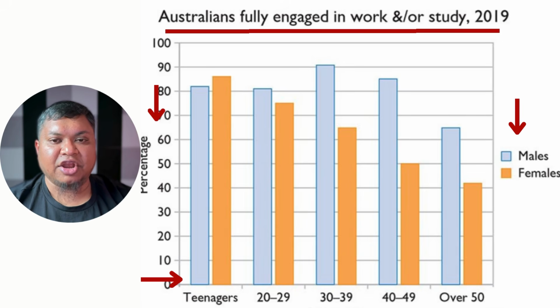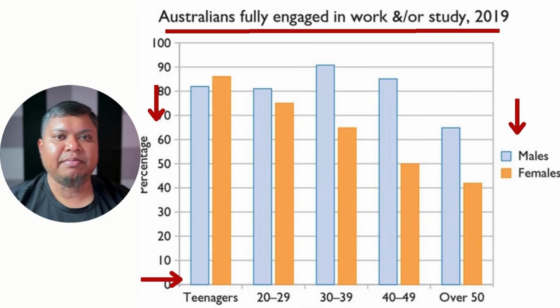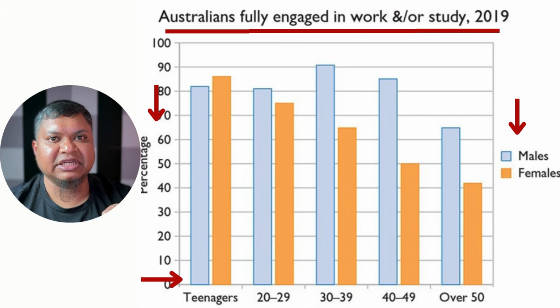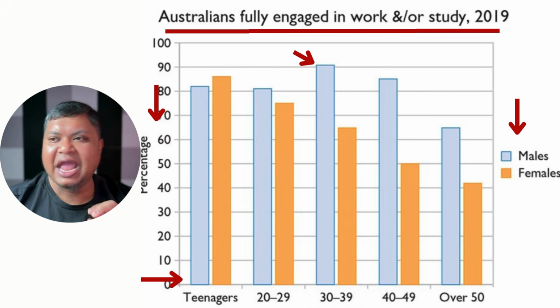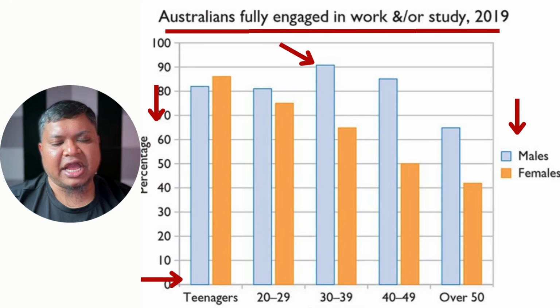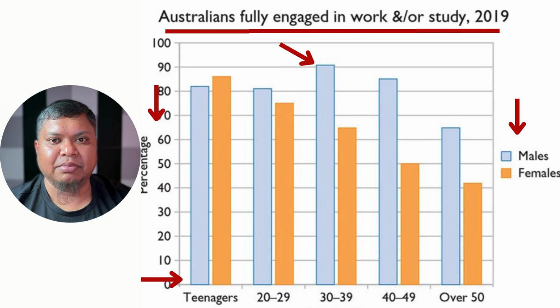Now I know that I'm going to talk about at least two numbers. One of them will be maximum, another one will be minimum. If I look at this image very carefully, the maximum number between all the data levels is between 30 to 39 and males. And here is the next thing that you should actually use certain numbers.